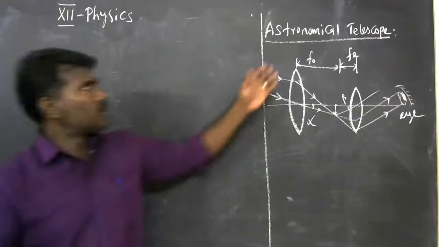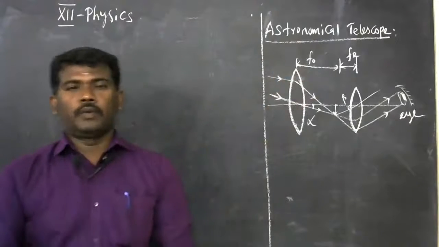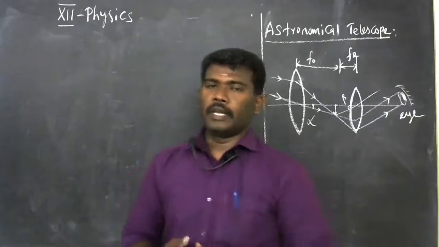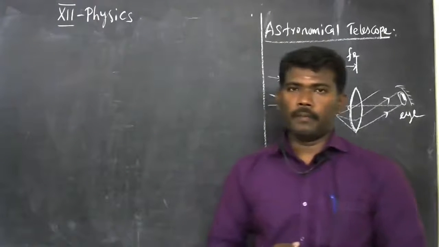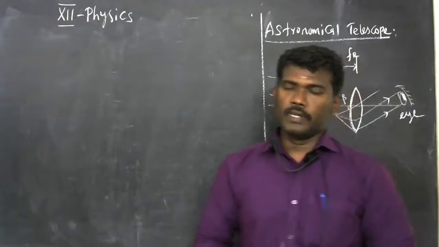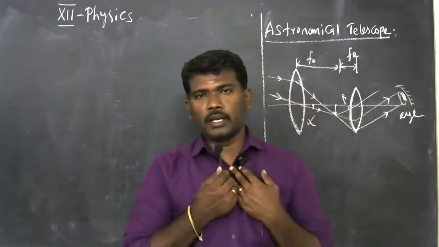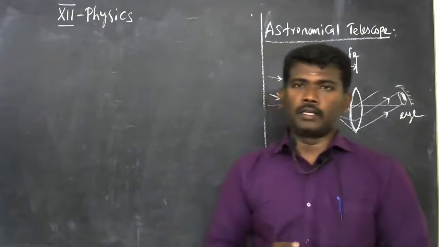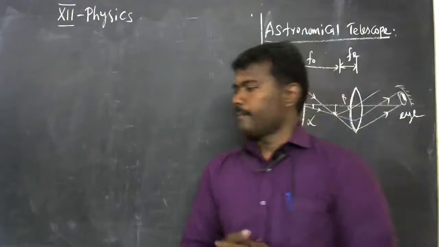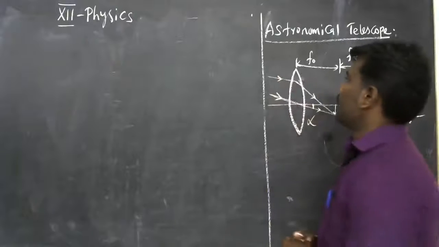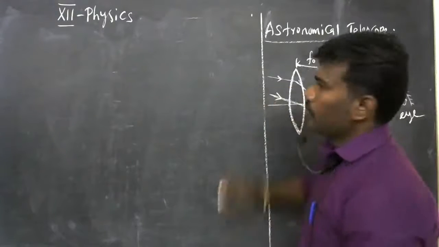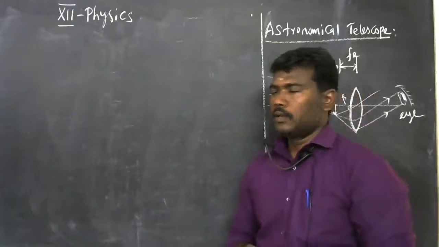In the astronomical telescope also, we have two convex lenses. One is the objective and the other is the eyepiece. The lens closer to the object is called the objective, and the one closer to our eye is called the eyepiece. Here, the light rays from the object come from a longer distance, so we consider only two light rays.